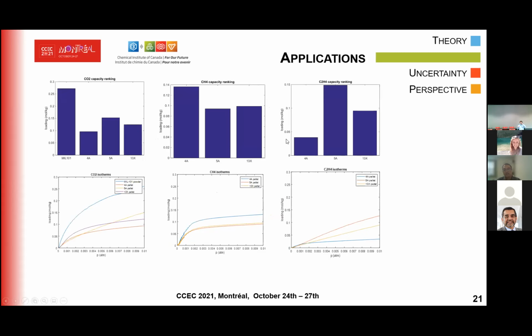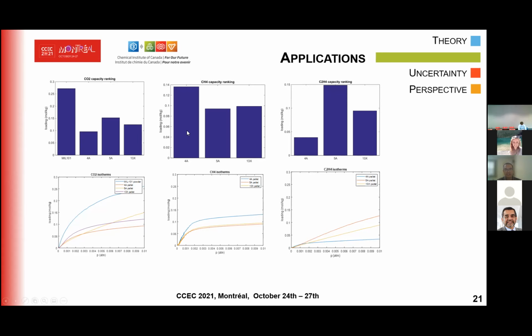So in the end, what you have is that you can have these data. These are very valuable, because if you are just looking at storage of a single gas into your adsorbent, for example CO2 storage, that is usually very popular, so you can just focus on this one.